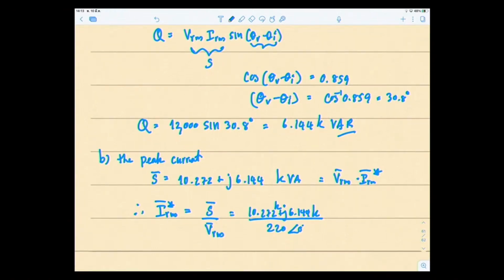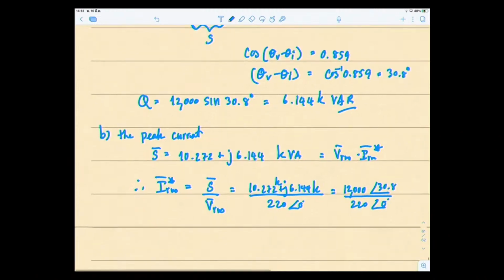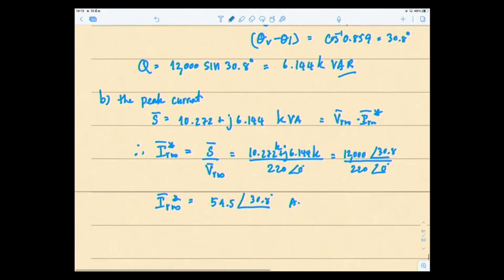Or in other words, use your calculator, it's 12,000 angle 30.8 divided by 220 angle 0 degrees. So your IRMS conjugate turns out to be 54.5 angle 30.8 degrees amps. So your IRMS is equal to 54.5 angle minus 30.8 degrees amps.